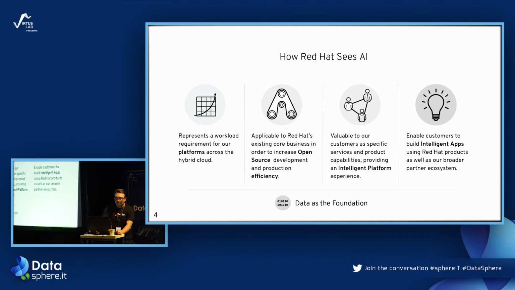The first thing I want to do is lay some groundwork about how Red Hat sees AI. We see it existing in four broad pillars, which generally cover many of the obvious topics a software engineering company would want to address. First, AI as a workload.